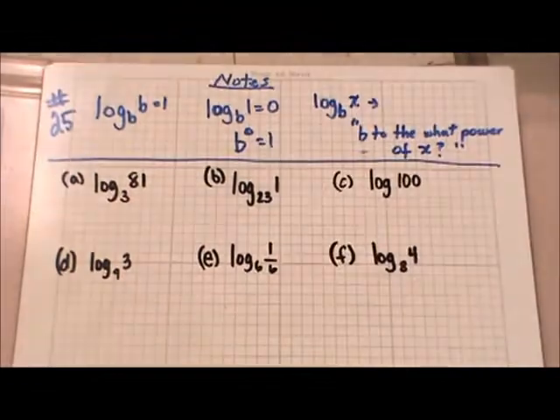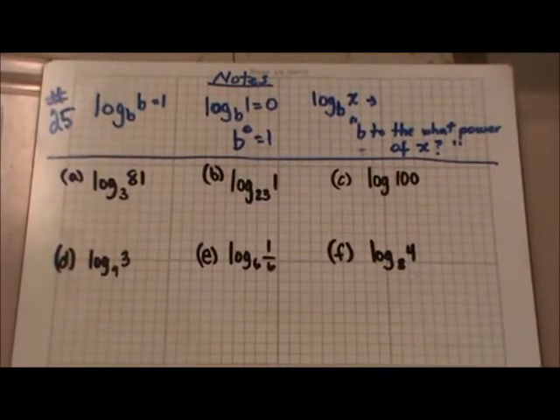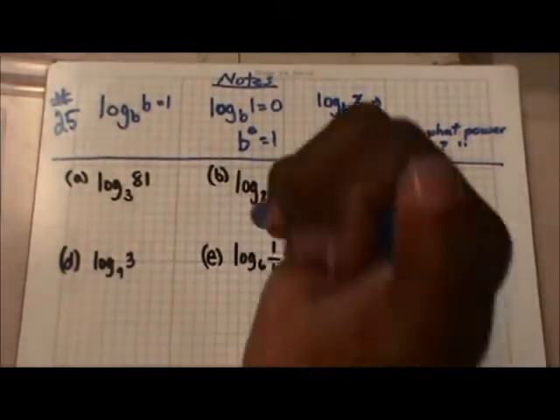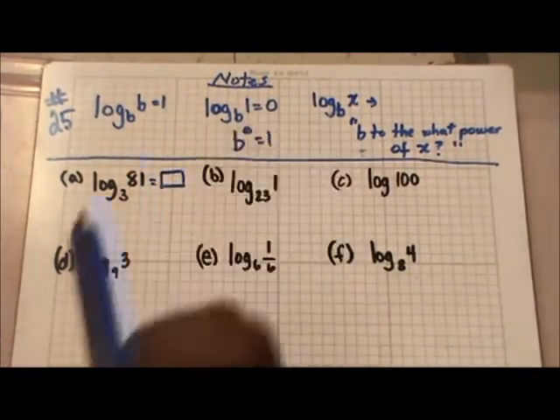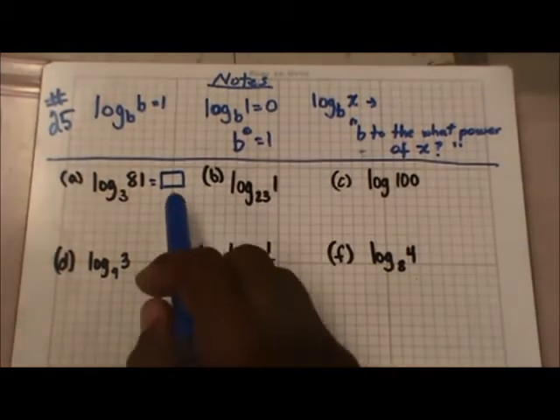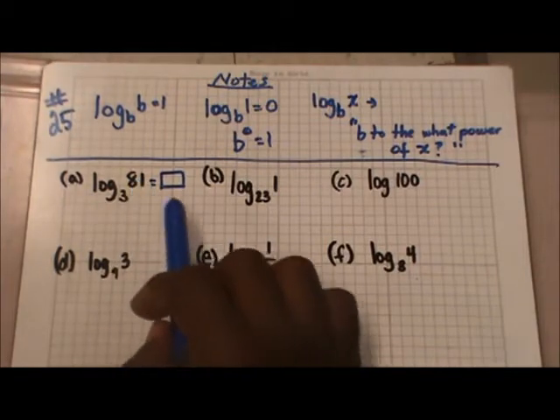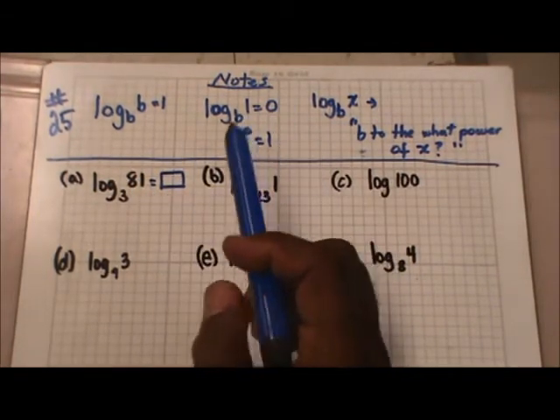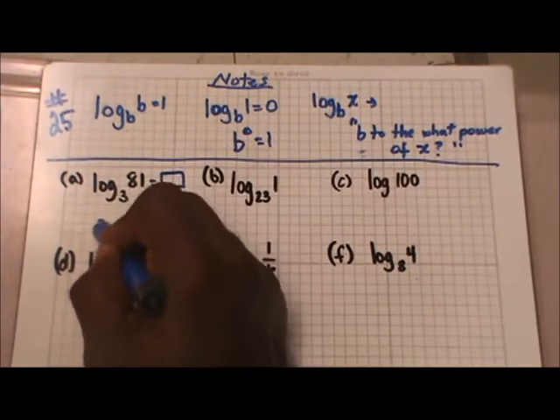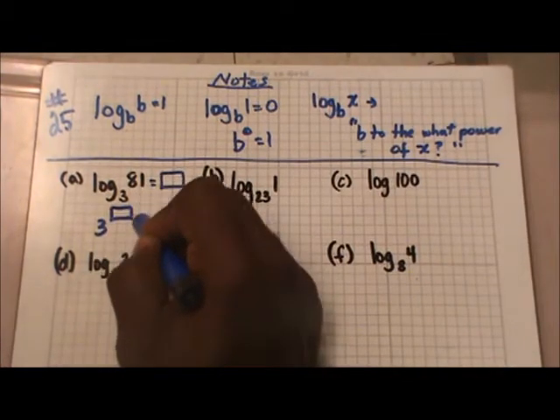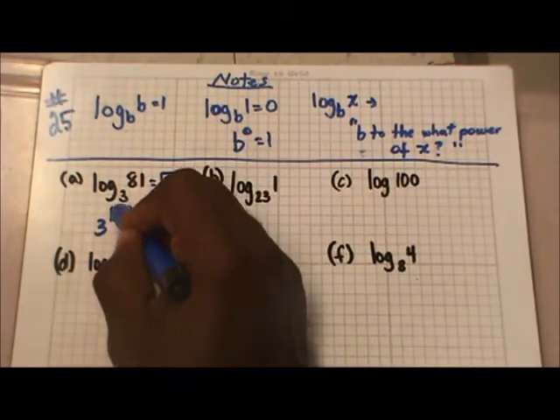For a problem like this, we started by putting a little box here, and we changed the problem around. We said 3 to the what power will give us 81, which is 4. If we didn't, we could change the form and make this 3 to the something power is equal to 81, and that something is 4.